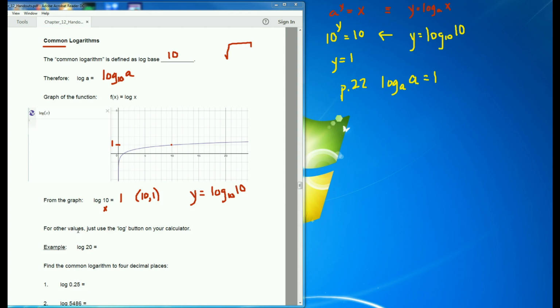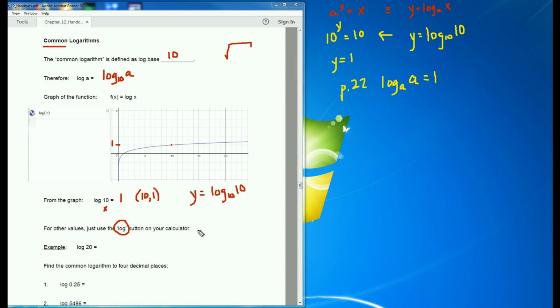But what about finding other values of the common logarithm, or log base 10? For that, just get your calculator out and find your log button. Everybody has a log button on your calculator.